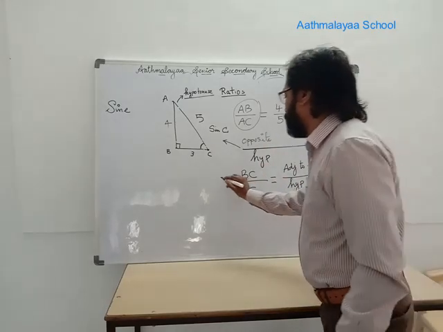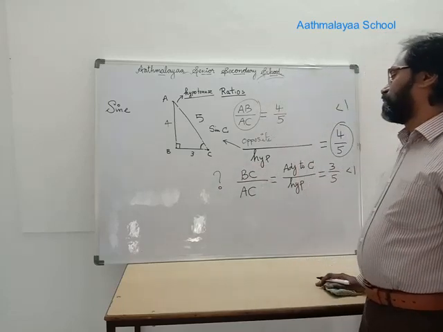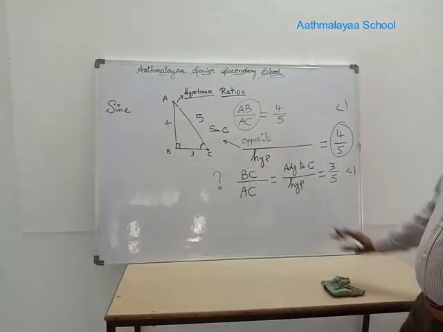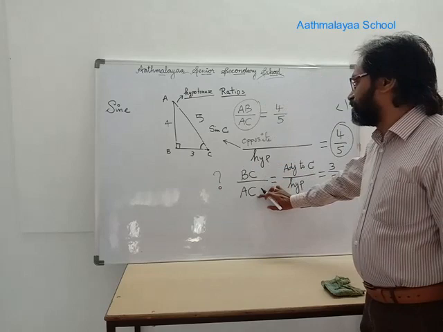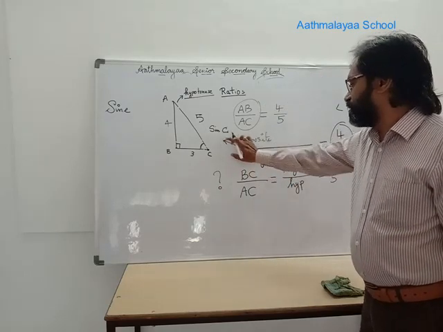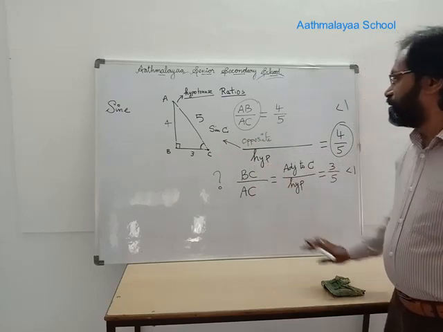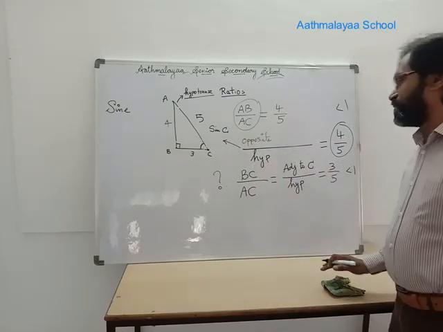Okay. Now what name can we give for this? BC by AC. Having defined sine C, now what name do you want to give for this? You can give it in 2 ways.